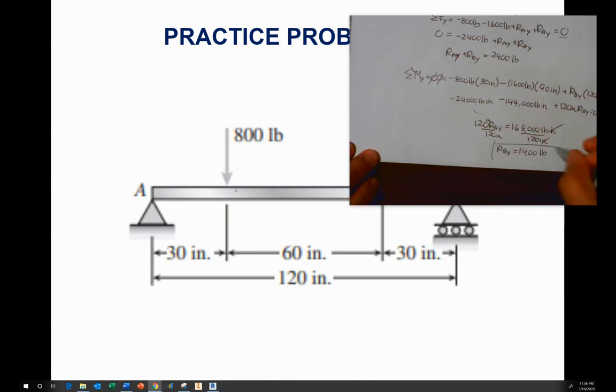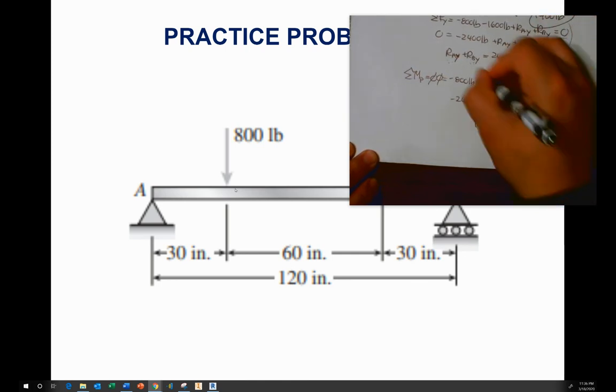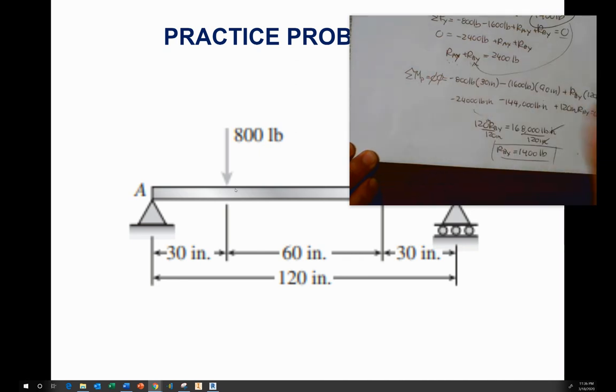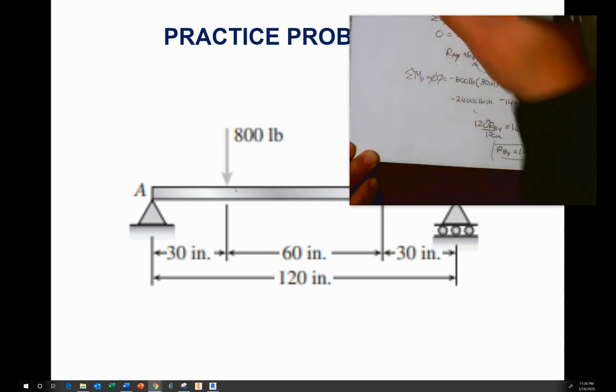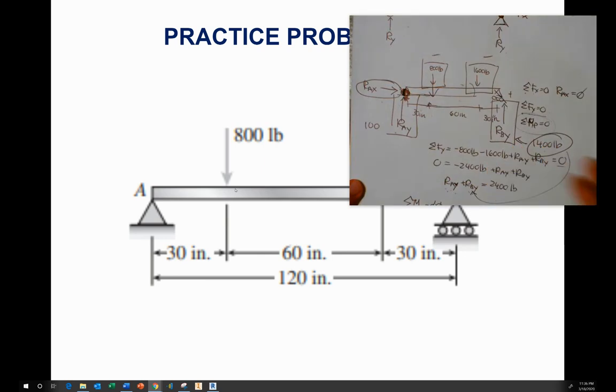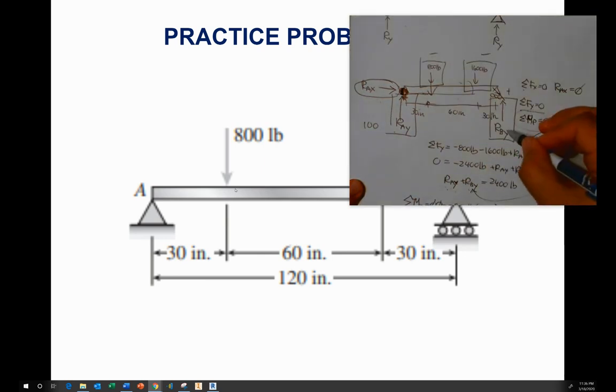So RBY equals 1,400, which tells me that this right here is 1,400 pounds, which tells me that if I plug this back into here, RAY has to equal, well, 1,400 plus what equals 2,400. RAY had to be, oh geez, I'm not even showing you guys. So I know this is 1,400.